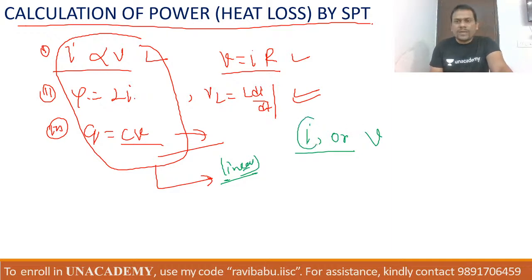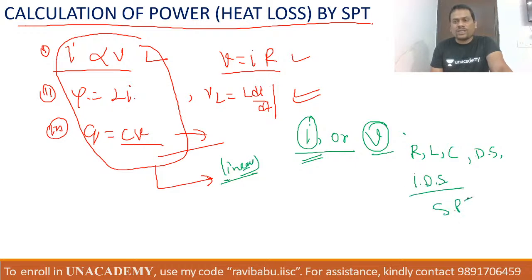We can calculate beta current or voltage of resistor or inductor or capacitor or beta dependent sources or beta independent sources by superposition theorem.